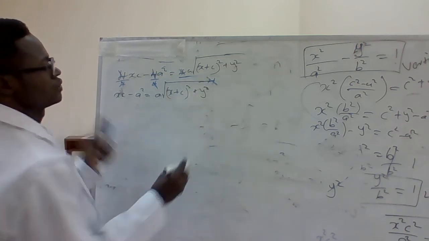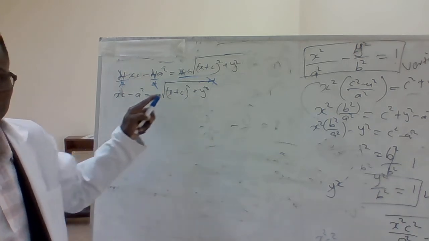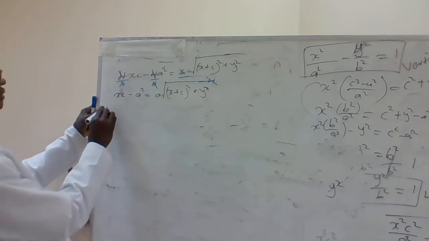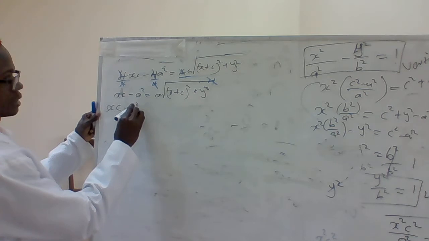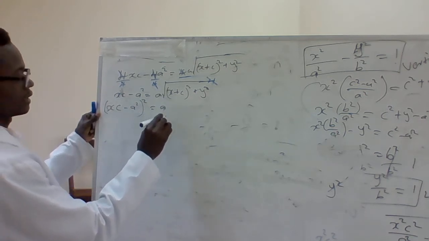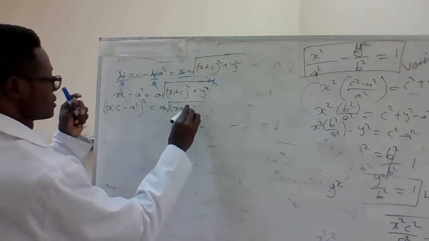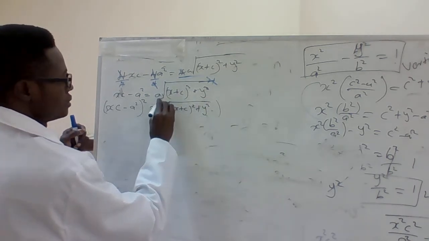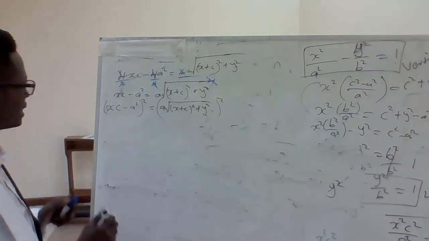So what are we going to do from here? We are going to square both sides as we did before to remove this square root, so that we will have (xc minus a squared), all this squared, equal to a times the square root of (x plus c) squared plus y squared, squared. We are squaring both sides. And when we square both sides, what do we have?